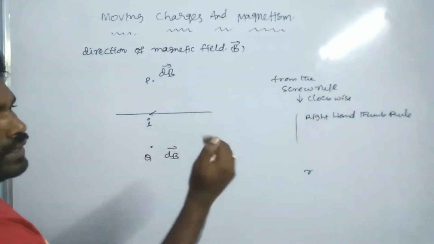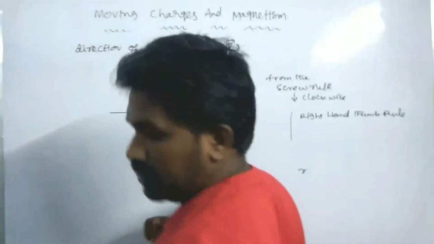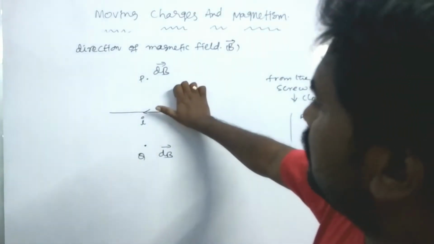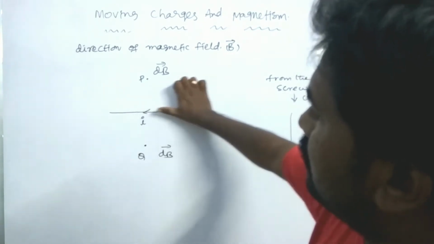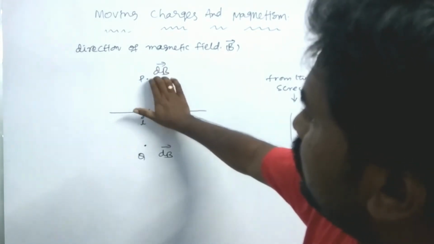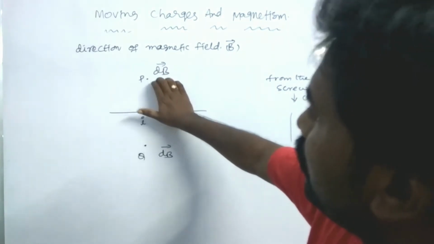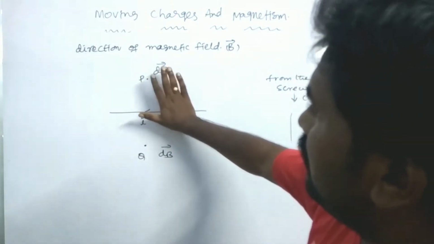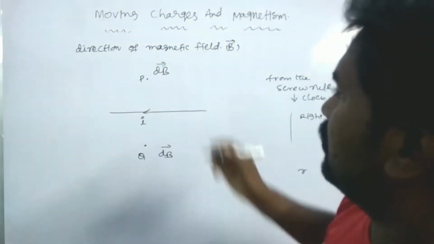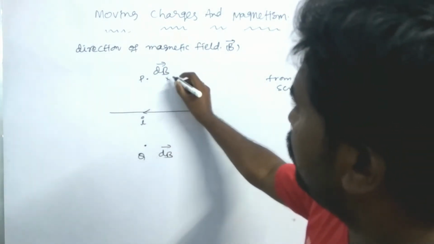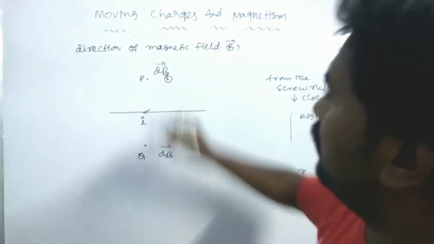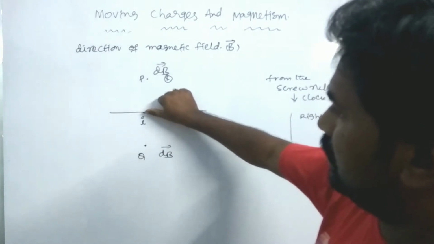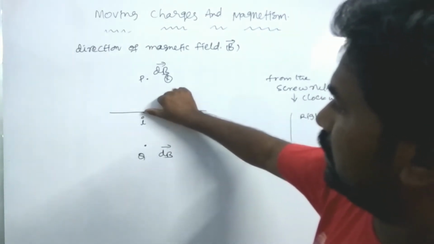So this is your right hand thumb, and you should keep it in this direction. This is your thumb, and it will be inward. Your fingers are like this, right? So that is inward. The direction of dB here is inward.